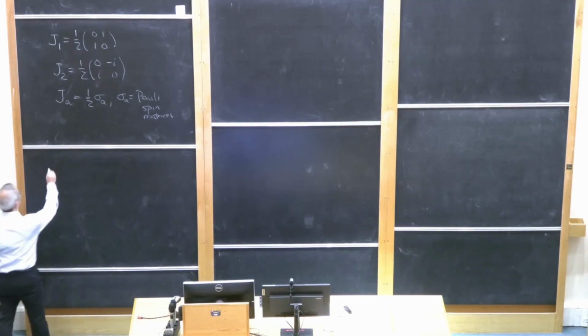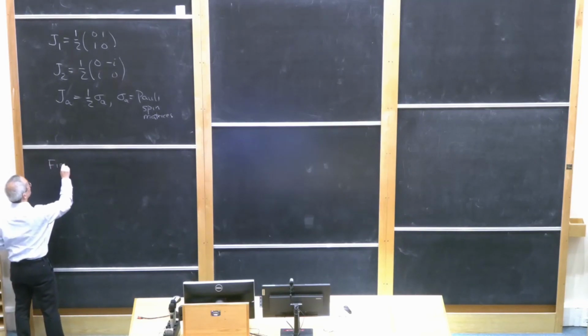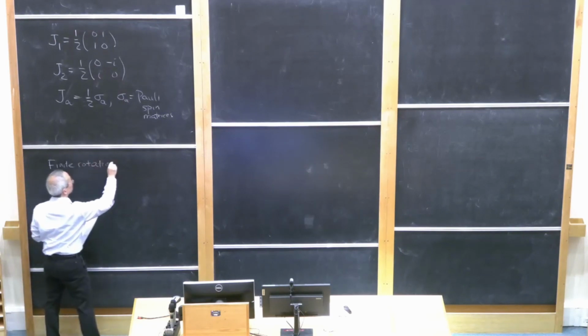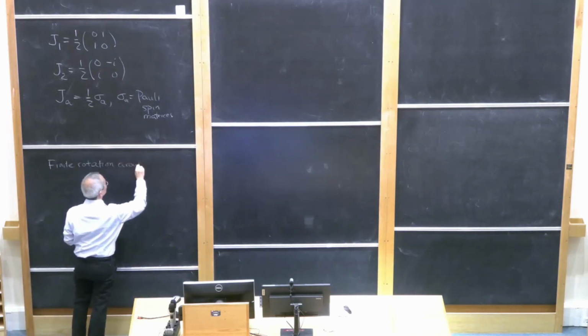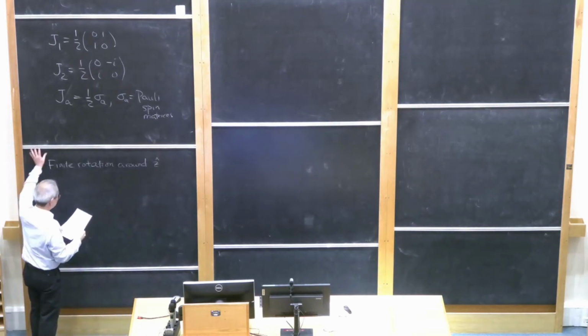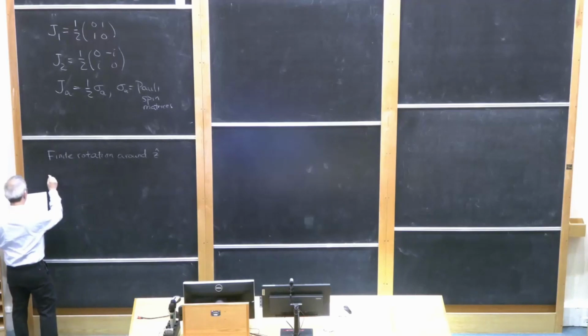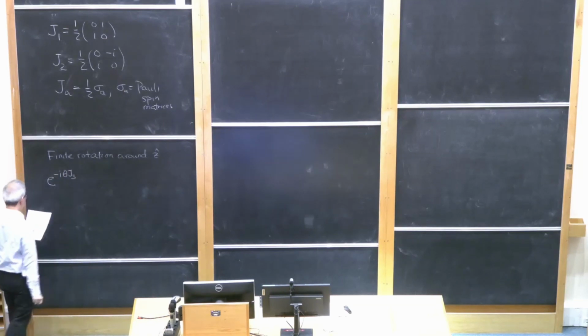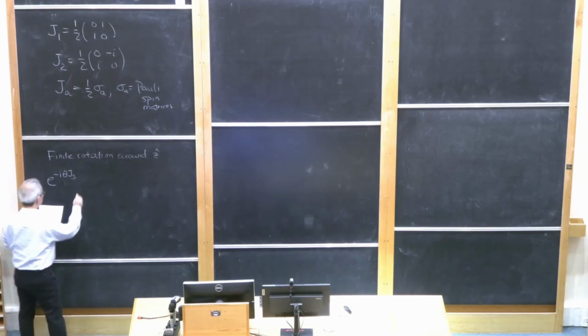And if you do a finite rotation, let's do the easy one, just around Z. You can of course demonstrate this with other axes. Then you apply the exponential map, and you get e to the minus i theta J3. That one's fairly easy to do.